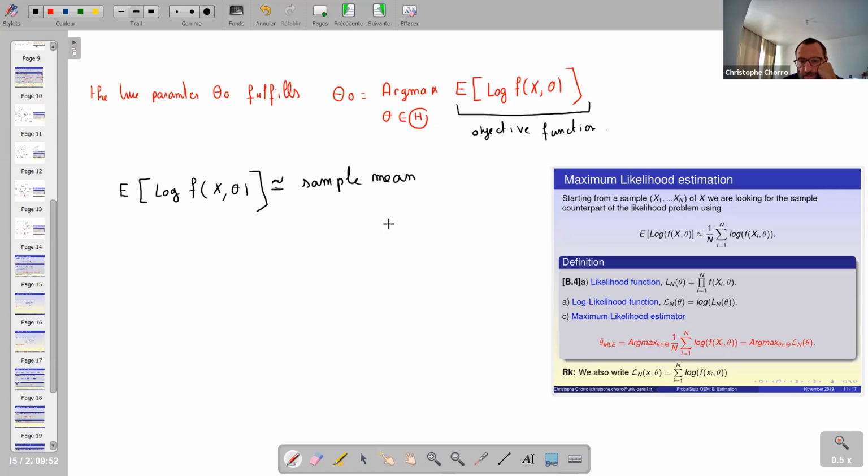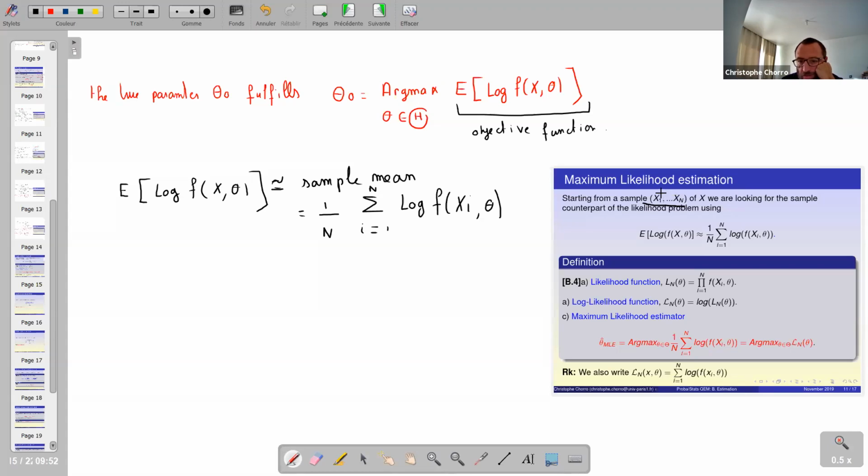And what is the sample mean in this situation? The sample mean is equal to 1 over n, the sum from i equal to 1 to n of the logarithm of f of xi, theta, where the xi are the n sample of my capital X.